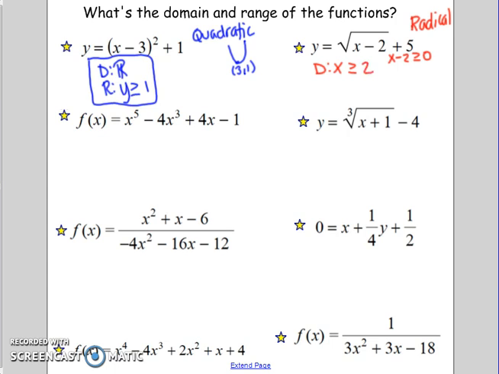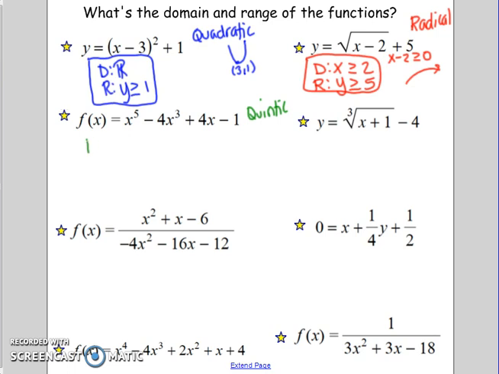If we plug 2 back in, 2 minus 2 is 0, square root of 0 is 0, 0 plus 5 is 5. So the range is going to be y is greater than or equal to 5. This graph goes up, so that's why it's going to be greater than or equal to and not less than or equal to.